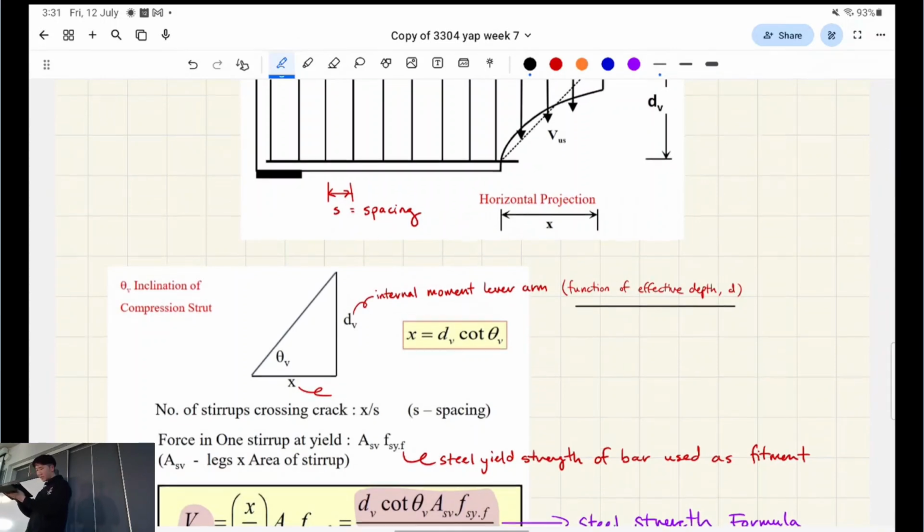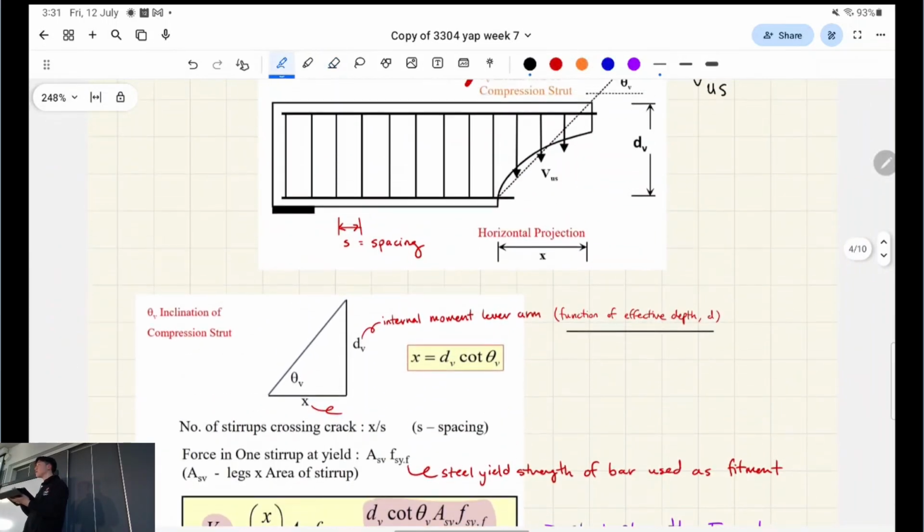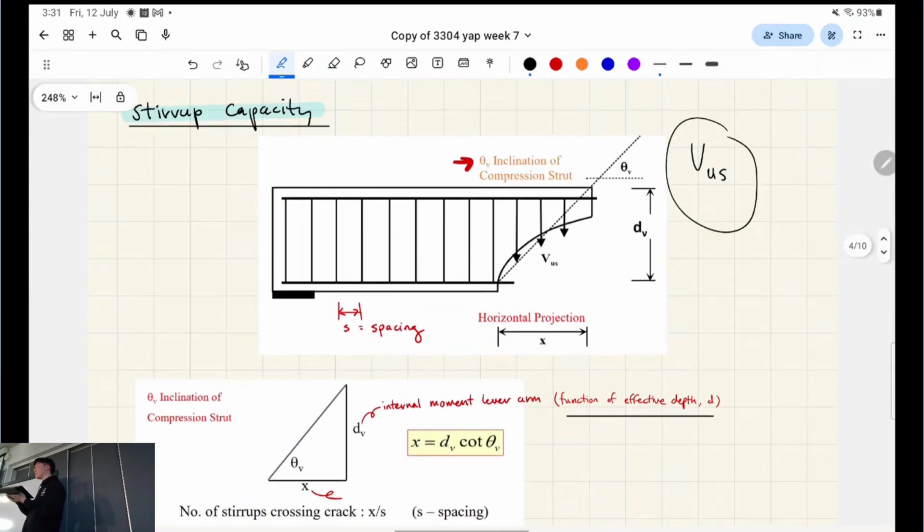This is important because we need to know this ratio, X to S. This is the ratio I'm talking about when we're designing for the strength of the steel stirrup. It's a ratio of this horizontal projection over the spacing, which means that as you increase the spacing, you'll get weaker, and as you decrease the spacing, you'll get stronger.